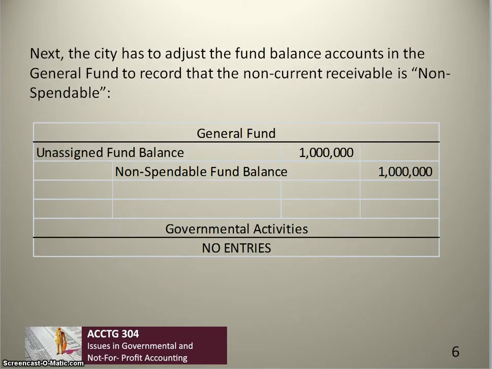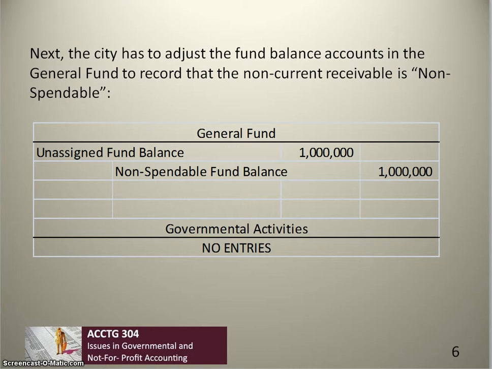Next, because the loan is not expected to be repaid to the general fund in the current period, the general fund has to recognize the fact that that receivable is non-spendable. So this requires an adjustment to the fund balance account.